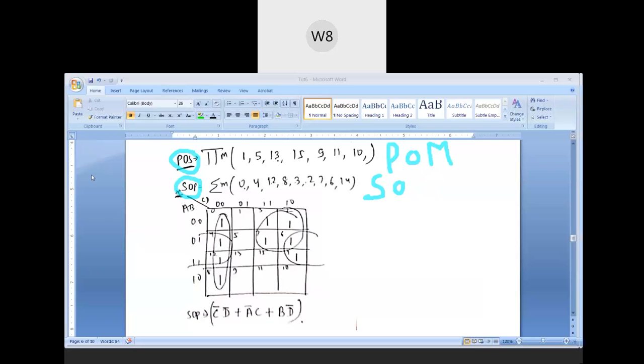Similarly, in this SOM form, where I will use small m to distinguish that this is min term, not the max term, each of the terms, which will be product of variables, will contain all the 4 variables, for example, for this case.